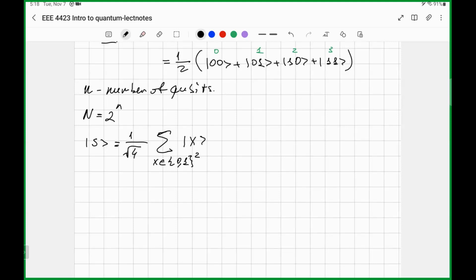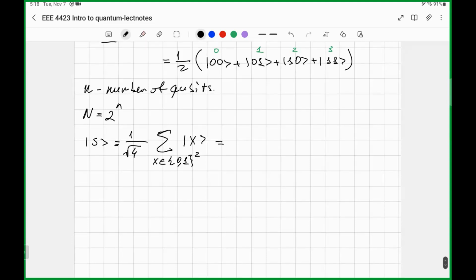Okay, and in terms of states 0, 1, 2, and 3, I can write the same in the following way. So again, the normalization factor, 1 over square root of 2 to the power of 2, and then summation over x from 0.